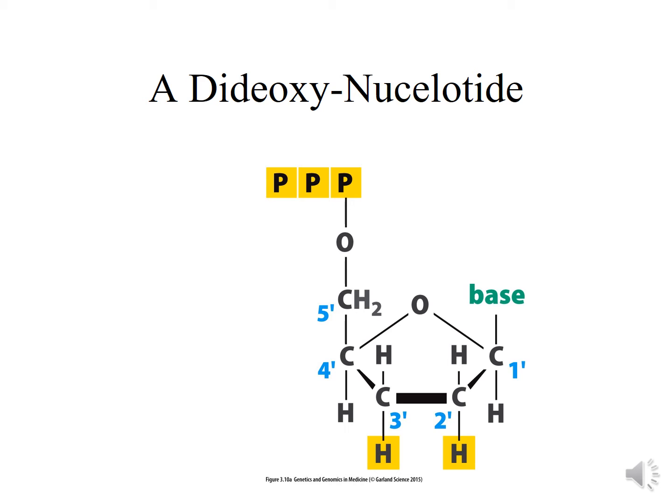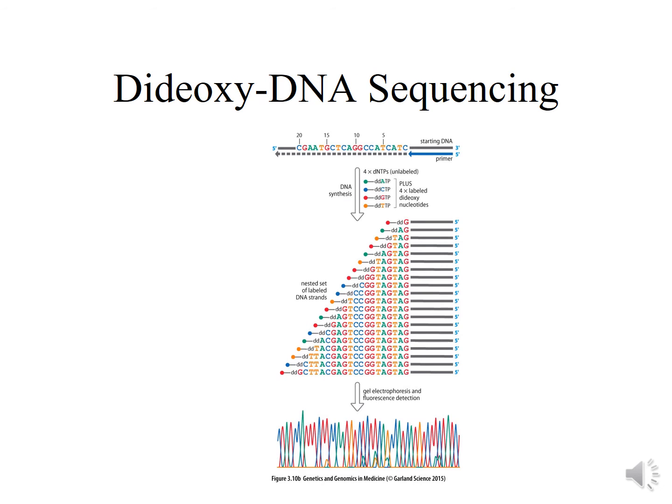In a traditional deoxynucleotide, the 3' carbon would have a hydroxyl group attached to it, which is critical for continued extension after the addition of a nucleotide by the DNA polymerase. This slide exemplifies the premise followed in dideoxy DNA sequencing.